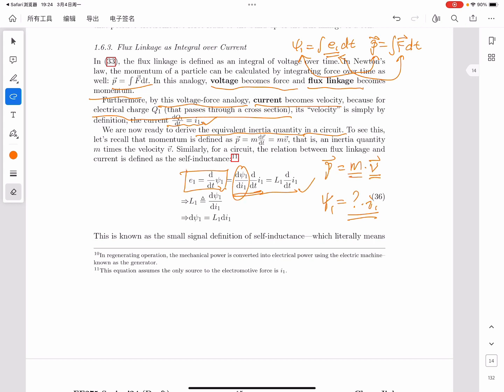So L is defined as flux linkage over the current. And so we can further define our flux linkage as an integral over current.